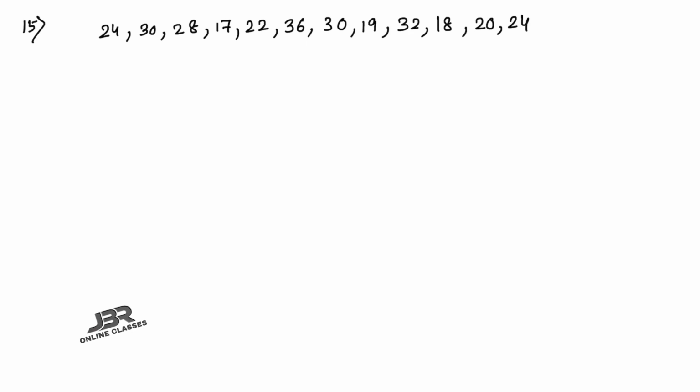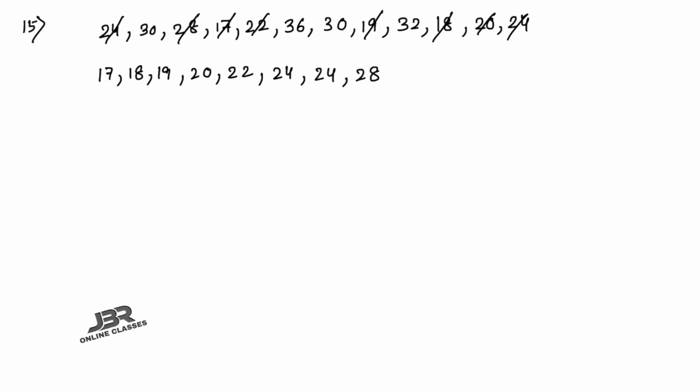So first you have to arrange it in ascending order. So the lowest one is 17, then 18, then 19. After that 20. Then 22, then 24 two times. Now next one 28.